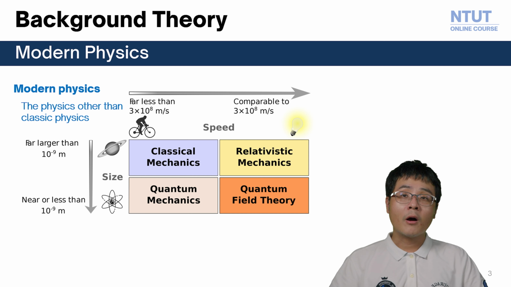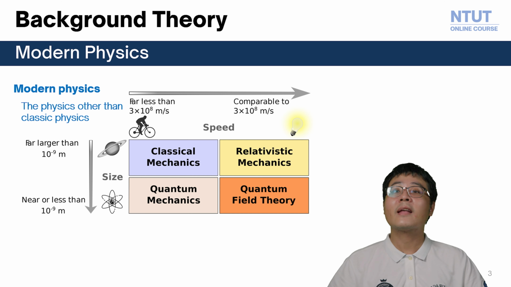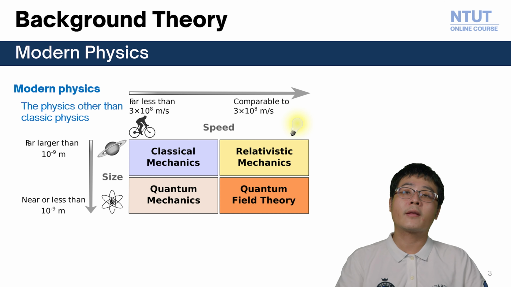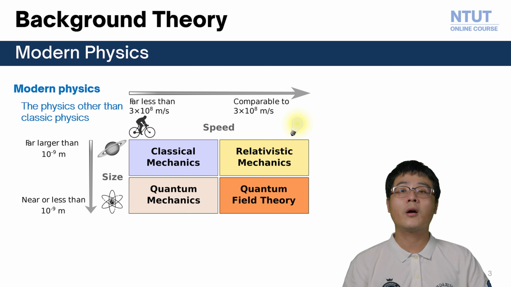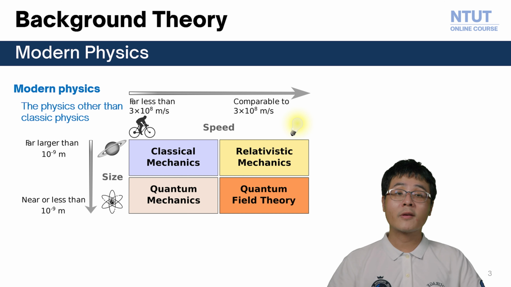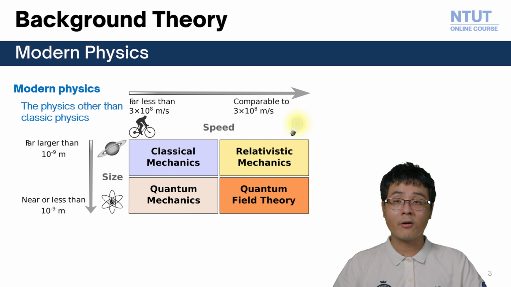The region of classical physics is when we are in a large system, at least far larger than the nanometer scale, and we are in a low speed system, far less than the light speed. In this kind of region, we typically call it classical physics, or the material system follows classical mechanics.